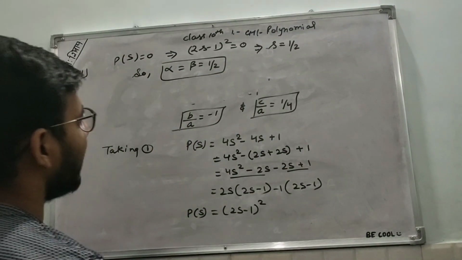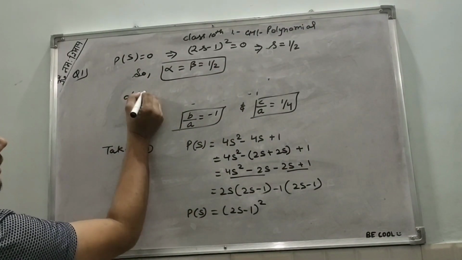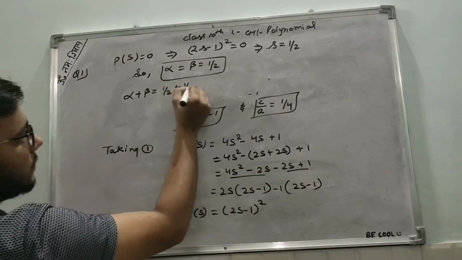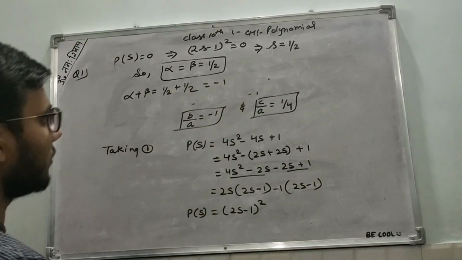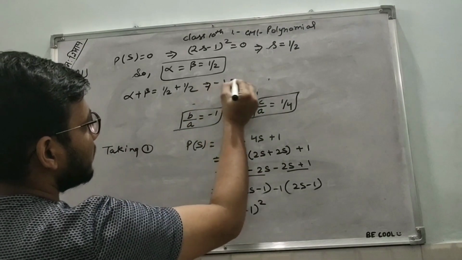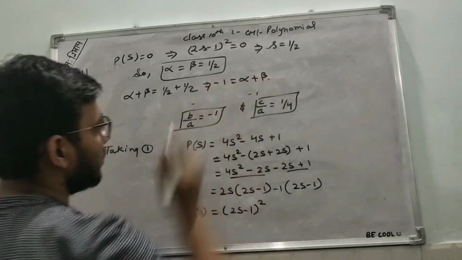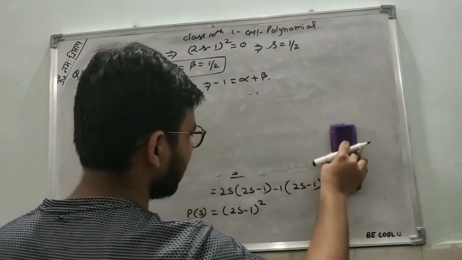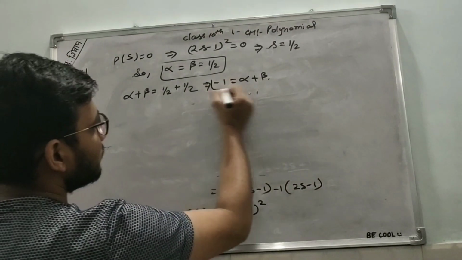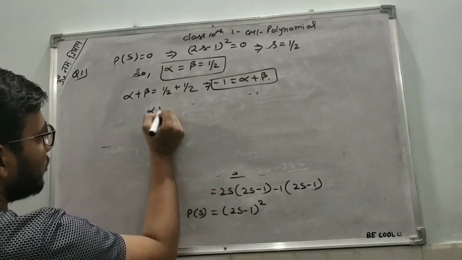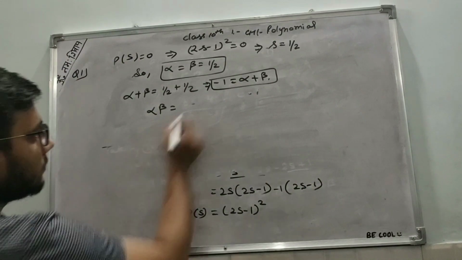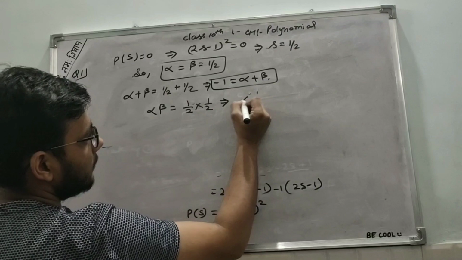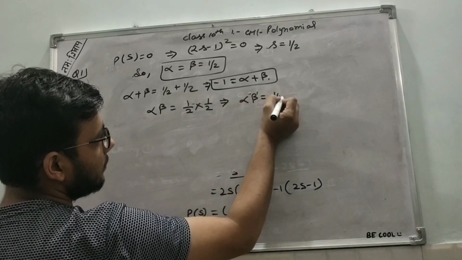Now calculate the sum of alpha and beta. We get alpha plus beta is equal to 1 by 2 plus 1 by 2, which gives you 1. And the product of zeros, alpha into beta is equal to 1 by 2 into 1 by 2, which gives you alpha into beta is equal to 1 by 4.